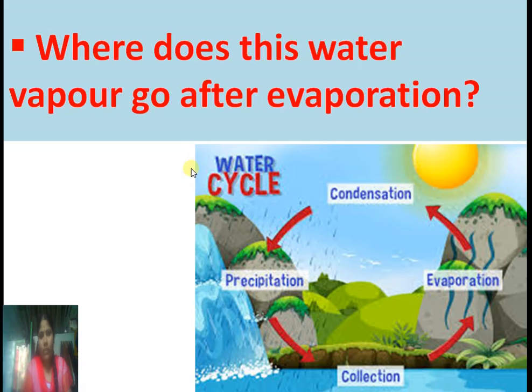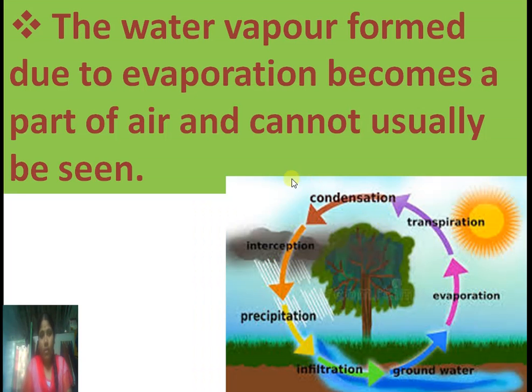Where does this water vapor go after evaporation? Exactly. It mixes with air and forms the clouds. The water vapor formed due to evaporation becomes a part of air and cannot usually be seen.